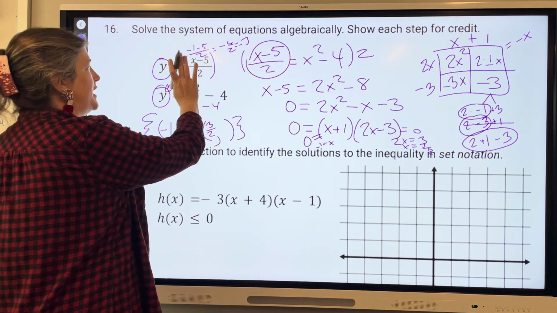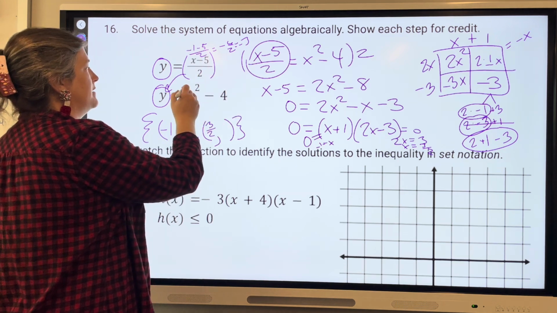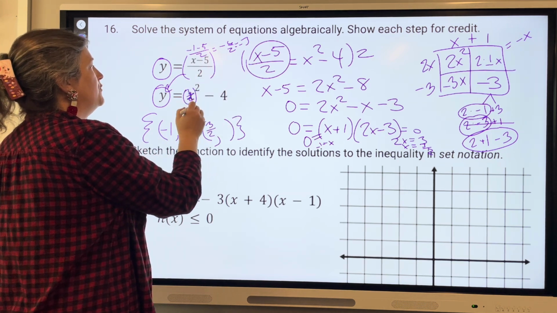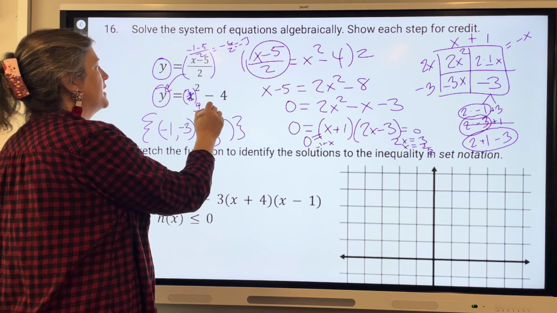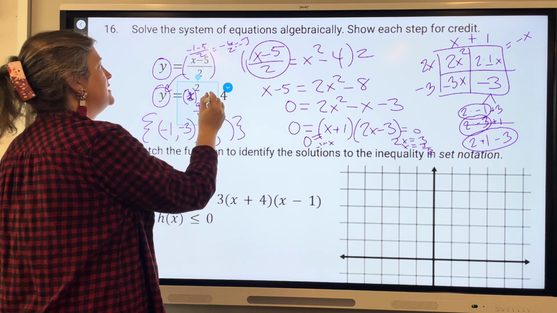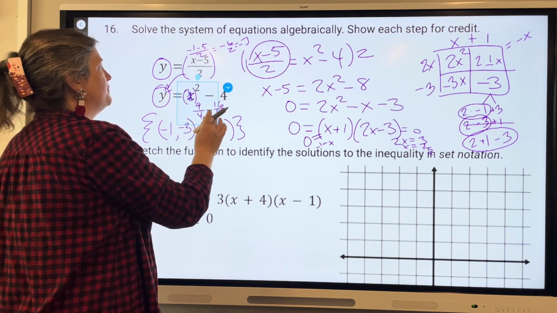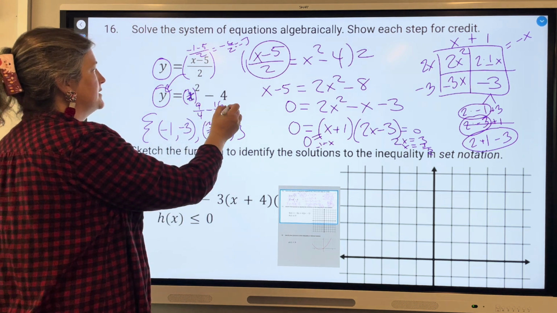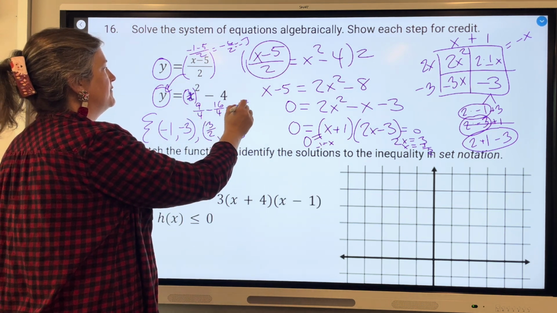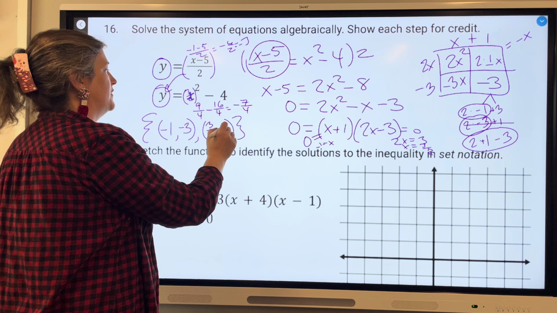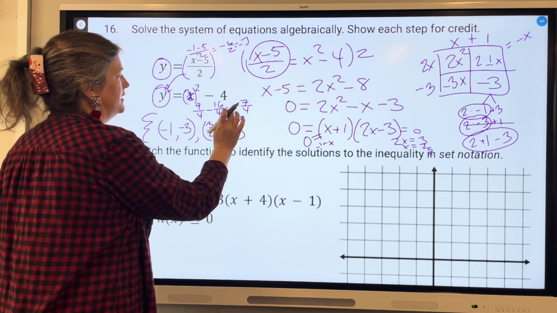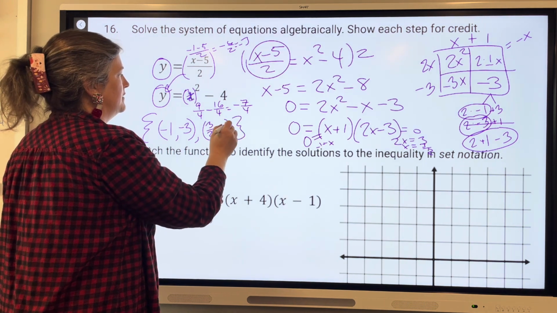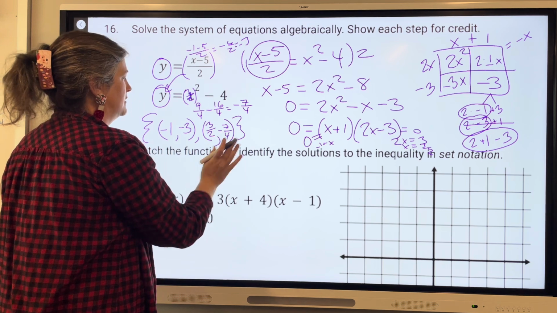My x of 3 halves now I'm going to also plug in for my x, which will give me 9 fourths minus 4. 4 is 16 fourths. 9 fourths minus 16 fourths is negative 7 fourths. Kind of ugly, but, oh, not negative 7 sevenths, negative 7 fourths.